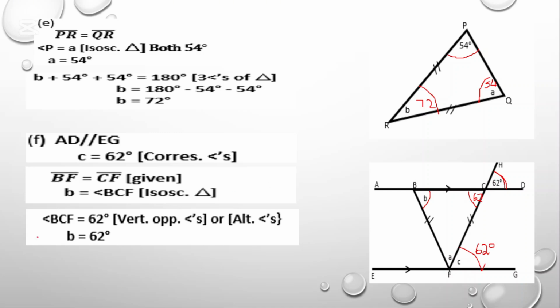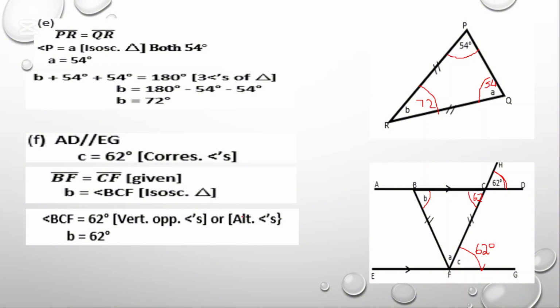So we'll rather start like this. BCF is equal to 62 degrees, right? Vertically opposite angles or alternate angles. But remember, you must mention here before you start with the isosceles triangle that BF is equal to CF.